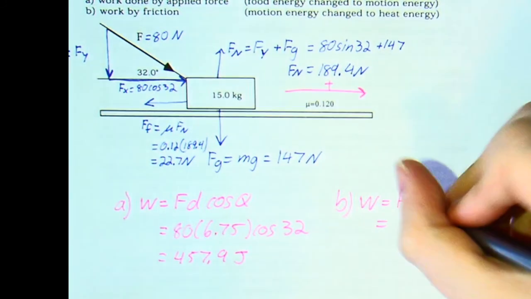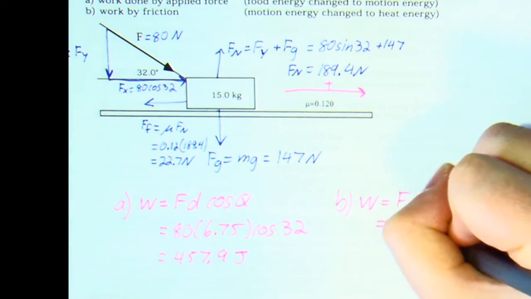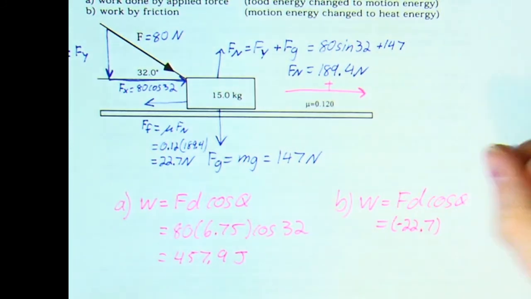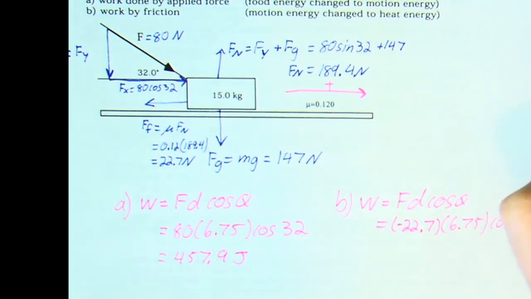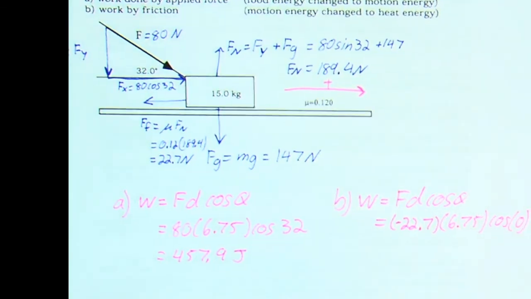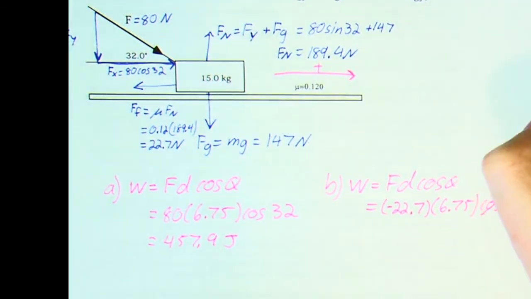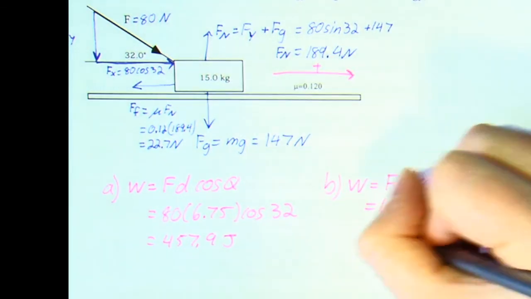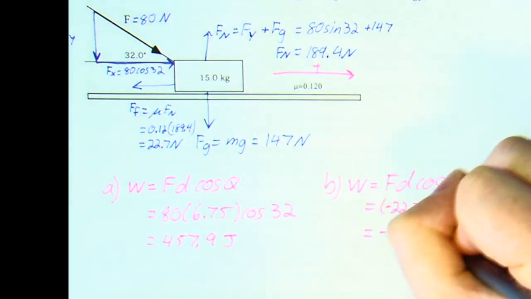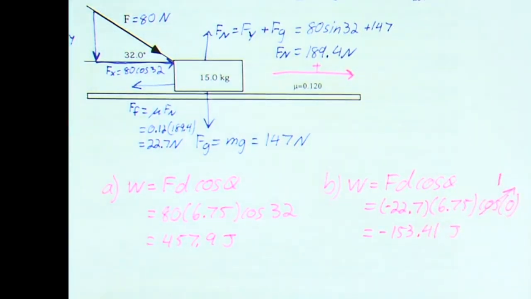My force of friction is backwards, so it's going to be negative 22.7 times 6.75, and then the cosine of 0. If you put cosine of 0 into your calculator, you're going to get 1. So the work done here is going to be negative 153.41 joules.